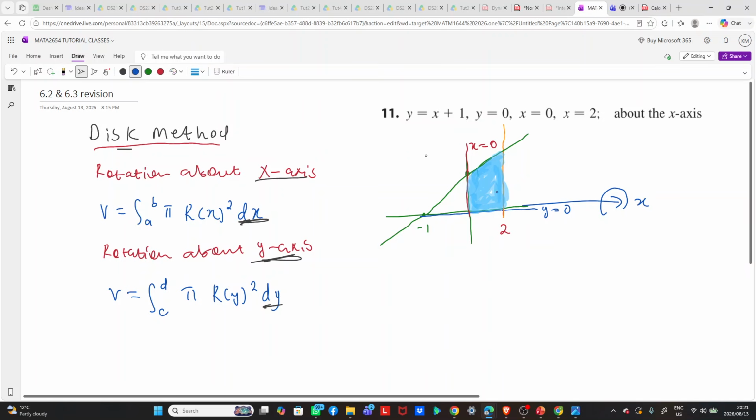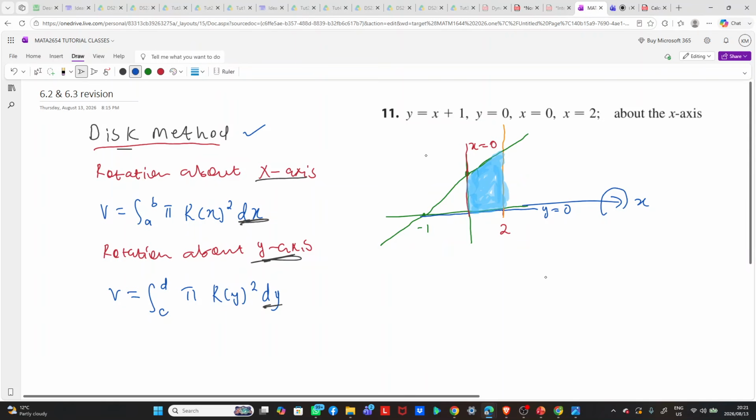That means whenever you rotate this, whatever surface you are going to get is going to be a closed surface. So if it's closed, there is no opening at any point, then you're going to apply the disk method.